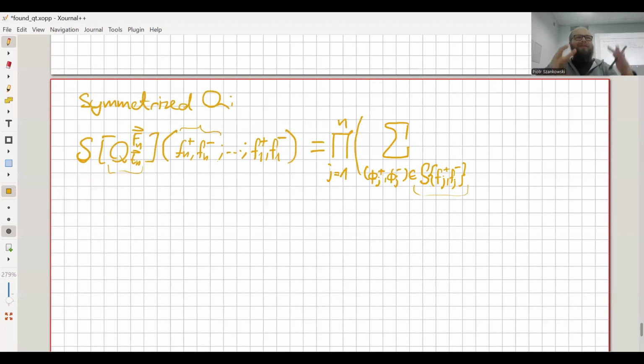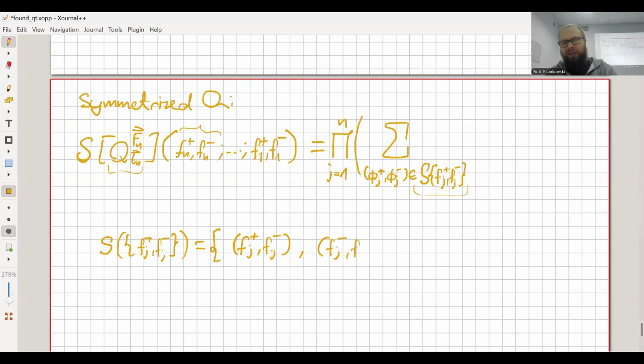permutations. This is a set of permutations of a given set of the argument sets. So for example, if I take S of like a plus minus, this spits out for me fj plus, fj minus, and fj minus, fj plus. Okay.